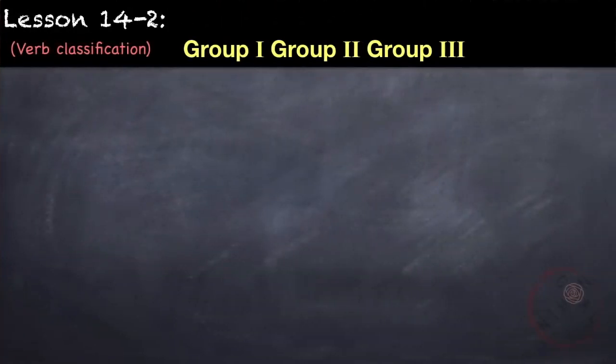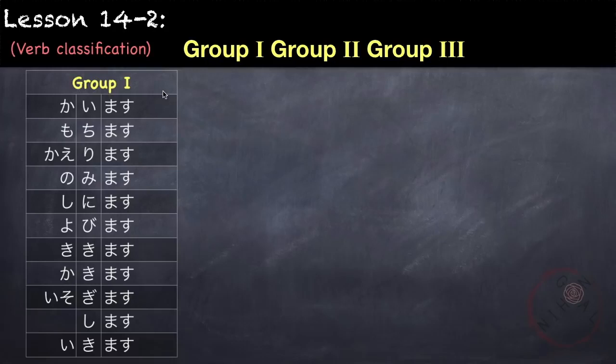But first, we need to identify which group a verb belongs to so we will know how to modify them. Japanese verbs are classified into 3 groups. For the first group, the syllable before the masu is in the I line.